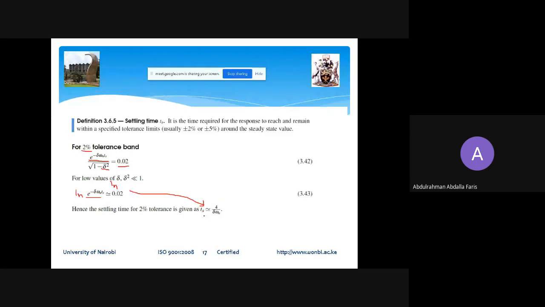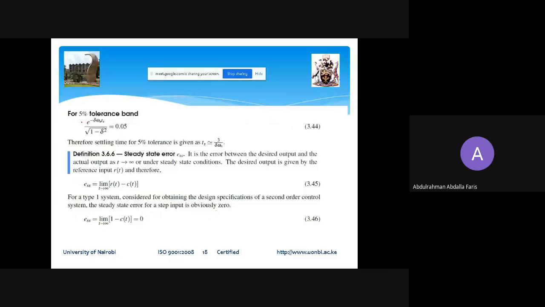Remember, this formula is for 2% tolerance. For 5%, if you do the same thing, you'll have 3 here. You set this to 1, and then you'll have your settling time as 3 over delta omega n.